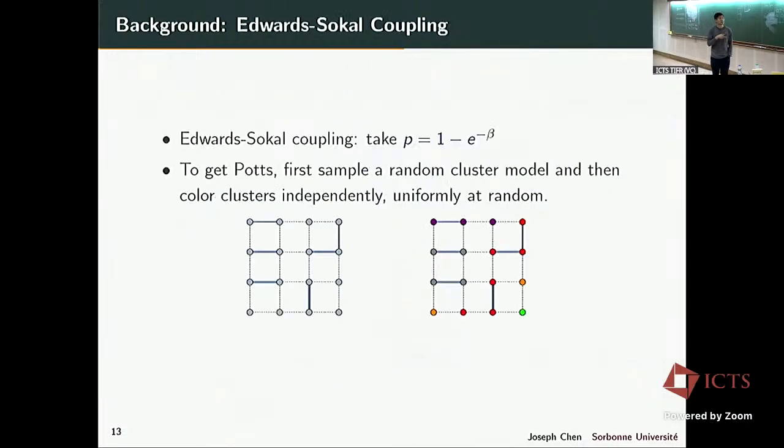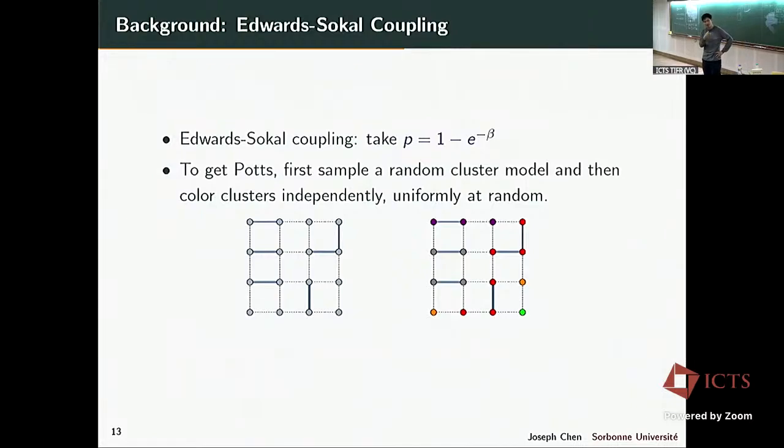And so what's nice is, we've seen that this model is coupled with a six-vertex model, the BKW. Here we use a more simple coupling, which is the Edwards-Sokal coupling with the Potts model.